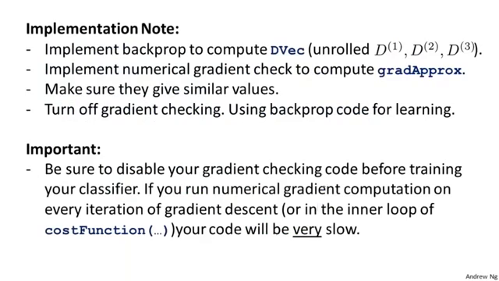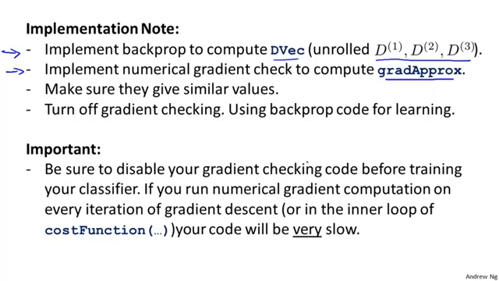Finally, I want to put everything together and tell you how to implement this numerical gradient checking. Here's what I usually do. First thing I do is implement backpropagation to compute DVec. This is the procedure we talked about in the earlier video to compute DVec, which may be our unrolled version of these matrices. Then I implement numerical gradient checking to compute gradApprox. This was what I described earlier in this video.